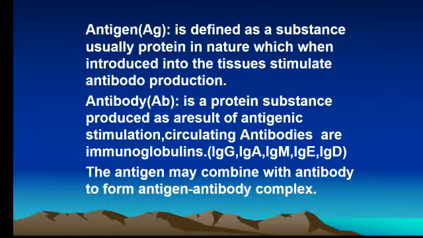We can repeat it just to understand it very well. The antibody, AB, is the opposite of antigen, AG. It's a protein substance produced as a result of antigenic stimulation. Circulating antibodies are immunoglobulins, which circulate within the body, the tissues and the circulatory system.